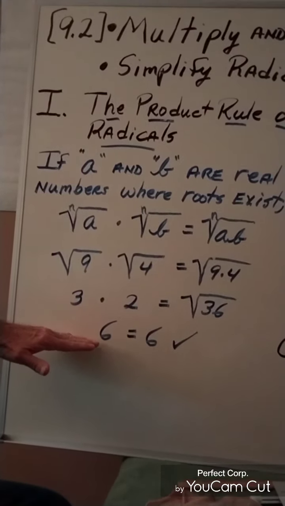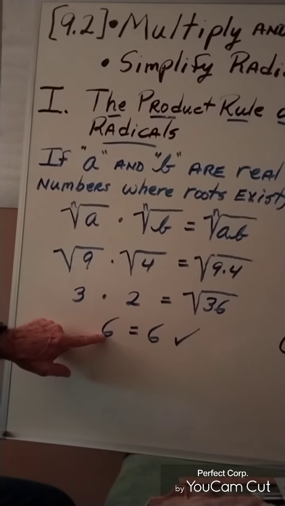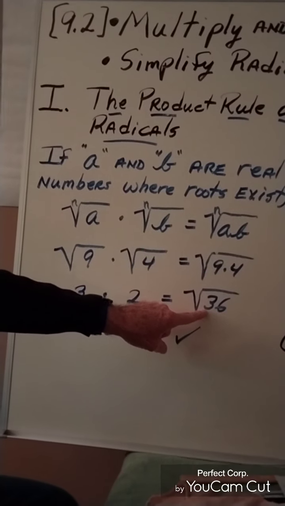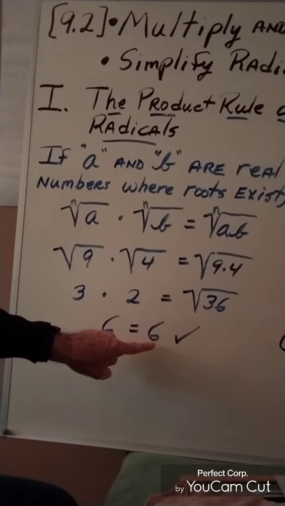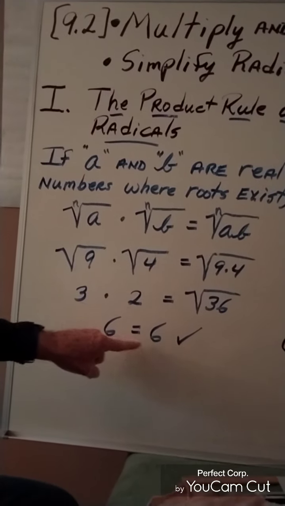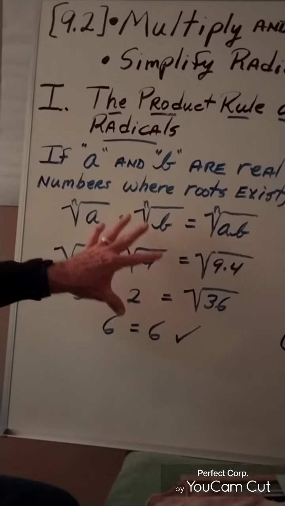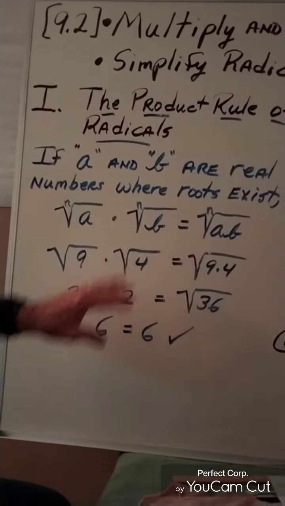Let's return to the left-hand side. 3 times 2 is 6. Bring down the equal sign. The radical of 36 represents the rational number 6. We bring the 6 down. 6 equals 6. It checks. So the product rule of radicals checks.